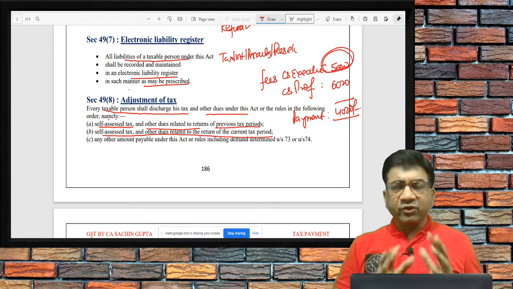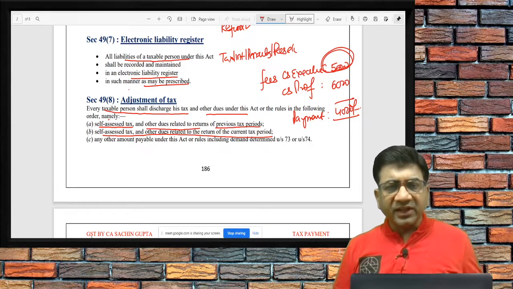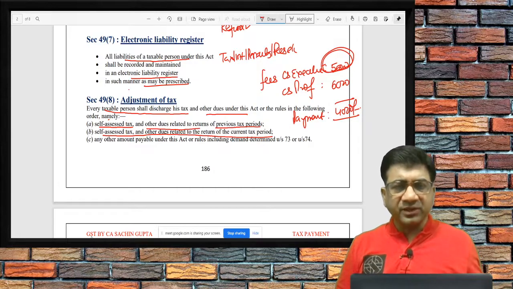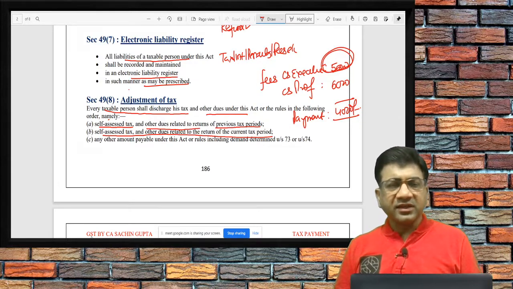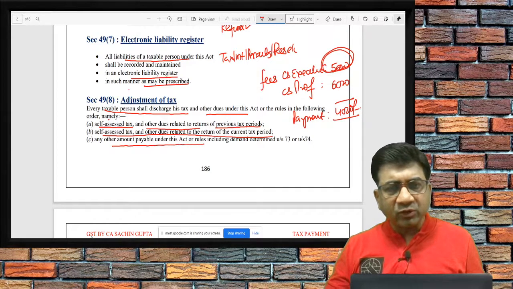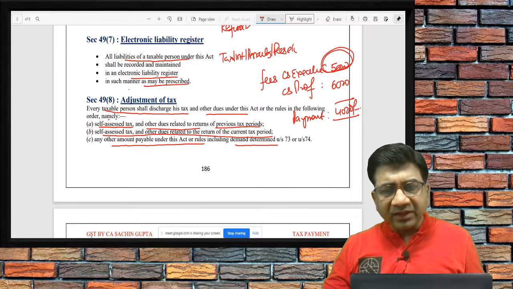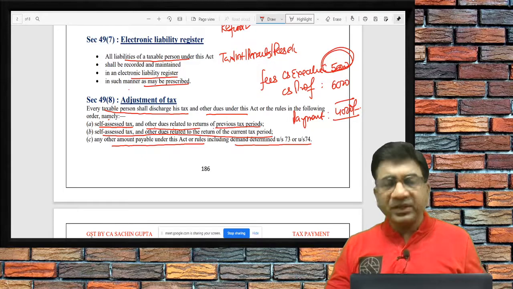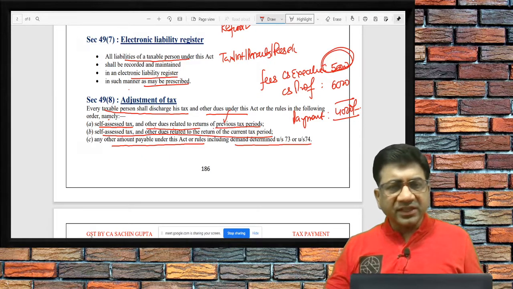So similarly, if your taxes are outstanding, whatever you pay will first be assessed for the previous tax period, then the current outstanding, and then any other amount payable under this Act or rules, including demand under 73, 74.